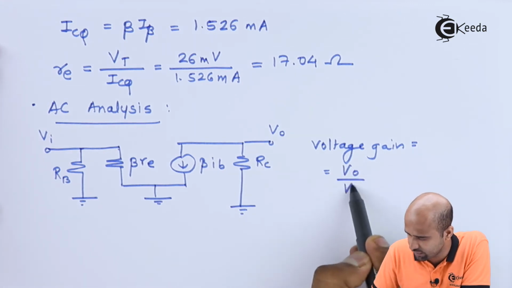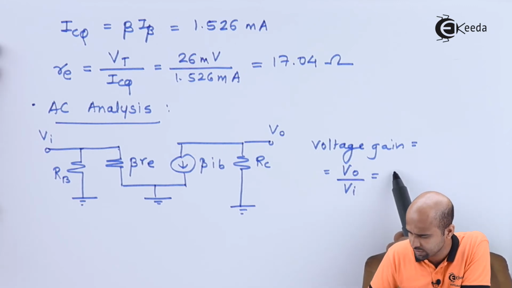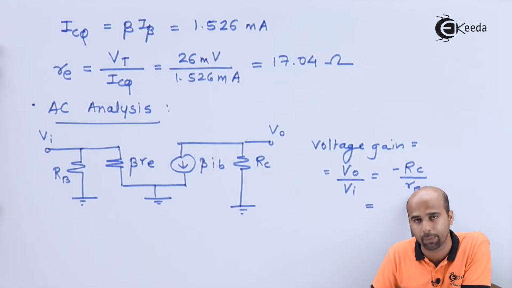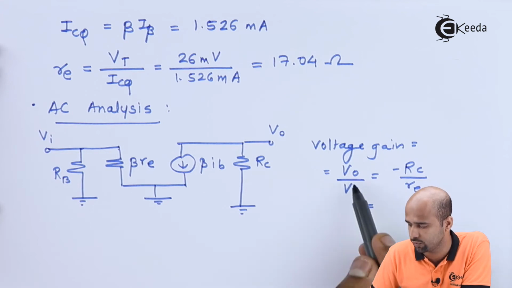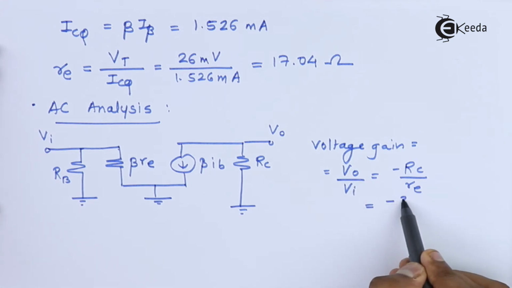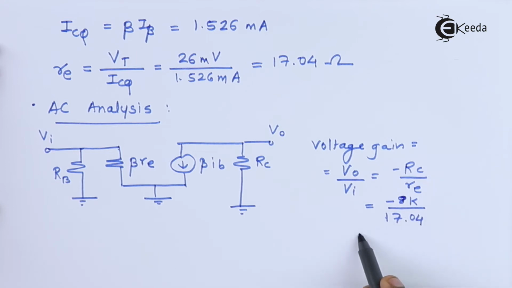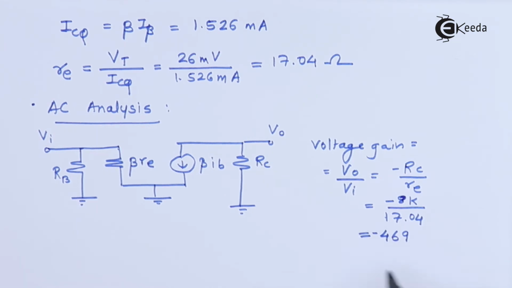So we directly write Vo divided by Vi as minus capital RC divided by small re. We put in the values of small re and capital RC, and we get the value of gain, which is minus 469.06, and we take it as 469 directly.